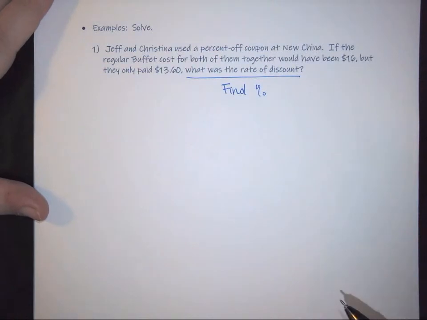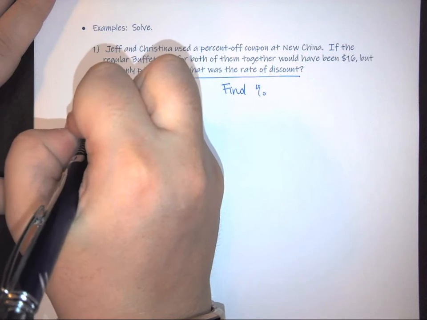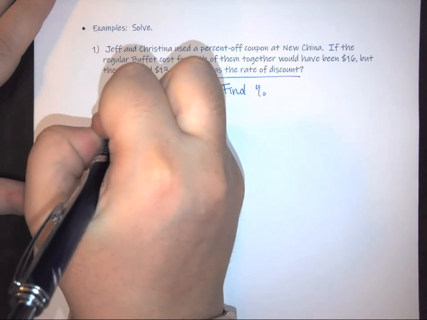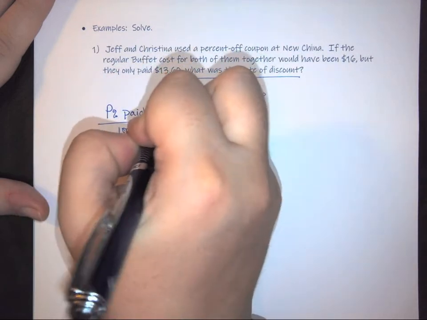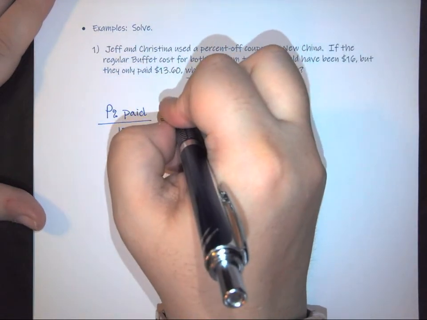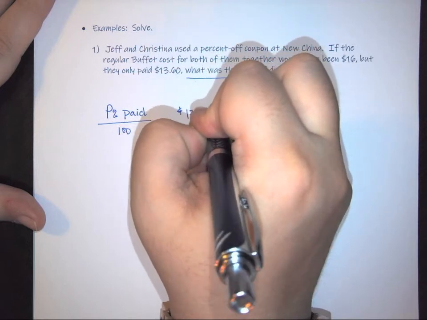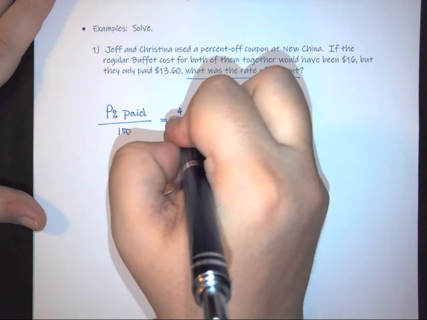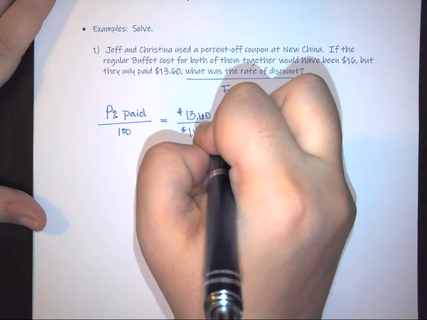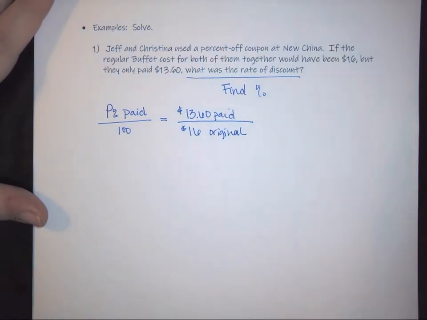So to start with, we can find that the percent paid over 100% is equal to the cost paid, so $13.60 paid, over the $16 original. And what this is going to give us is our amount paid.